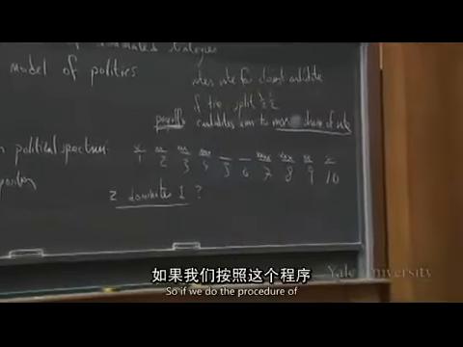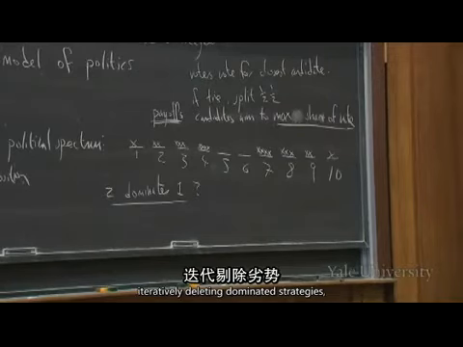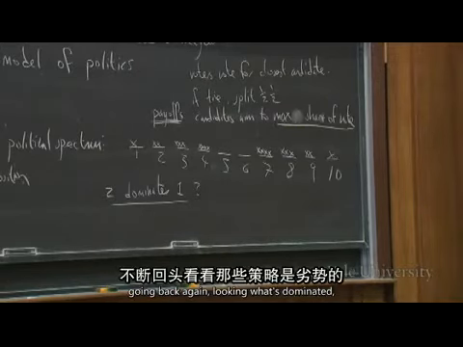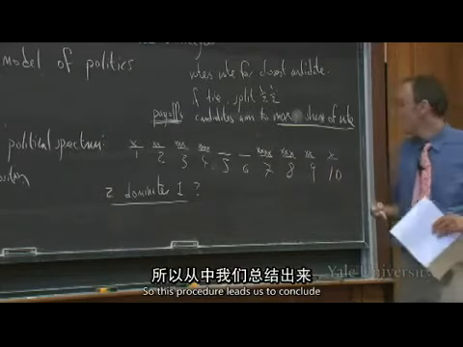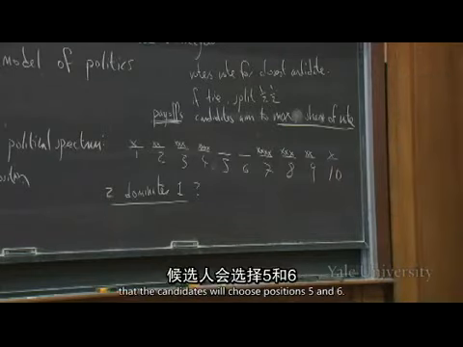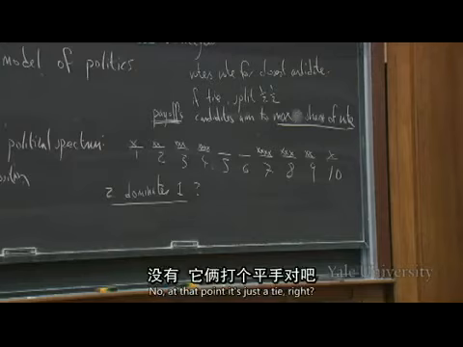All right? So if we do the procedure of iteratively deleting dominated strategies, going back again, looking at what's dominated, doing it again, all that's left is 5 and 6. So this procedure leads us to conclude that the candidates will choose positions 5 and 6. Does 5 dominate 6 or 6 dominate 5? No, at that point it's just a tie, right?